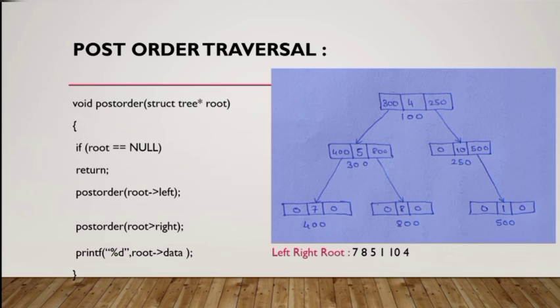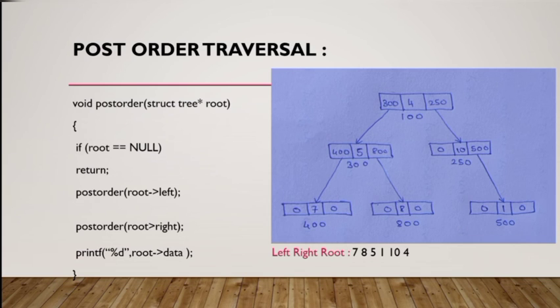After that 0 is returned, and void. Now 0 is the input for the function. If root equal to null, yes, it returns to 300. Now 300, and then root of right. Now 300's right, 800, is passed as input to the function.